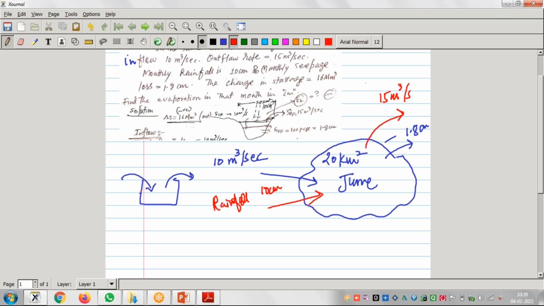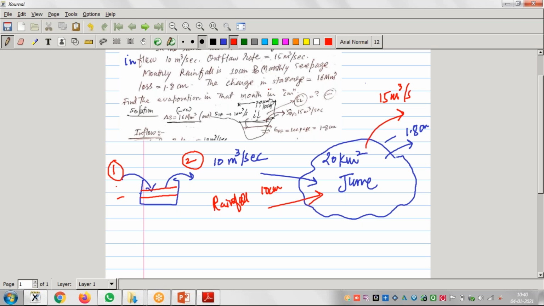If incoming is less, suppose this is 1 and outgoing is 2, it means we are in loss, because suppose I have 1 Omani Rial in my pocket and 2 Omani Rial I have to give to someone, means I will take 1 Omani Rial from some person and then I will give, means 1 Omani Rial is loss. It means we can say this change in storage is negative.